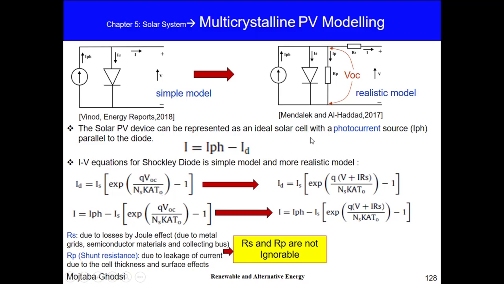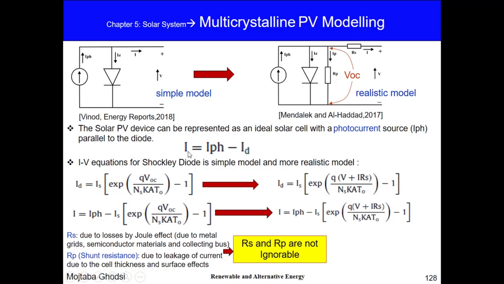And since VOC, the open circuit voltage across this photovoltaic panel, can be considered equal to V plus I RS, if we substitute VOC as V plus I RS, our modeling equation can be written as follows.